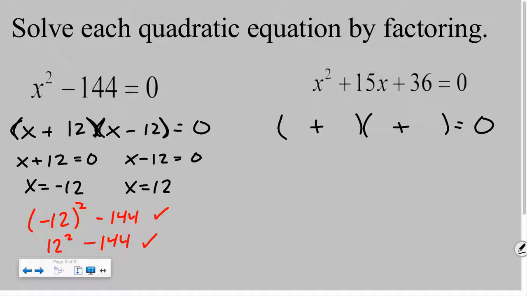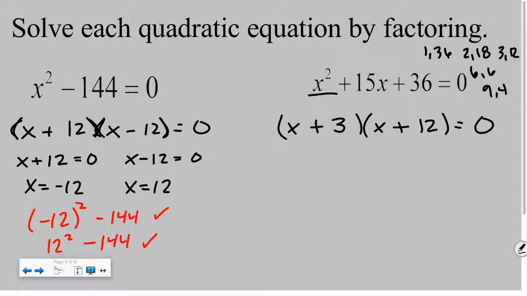So my first term times my first term has to give me x squared. X and x. And then factors of 36 that are going to make 15. 3 and 12. So then x plus 3, x plus 12.